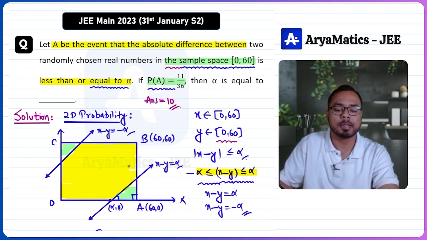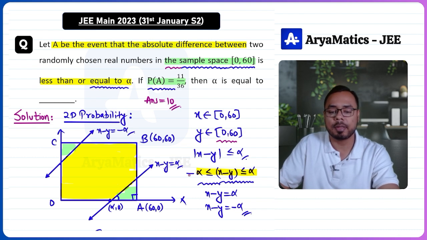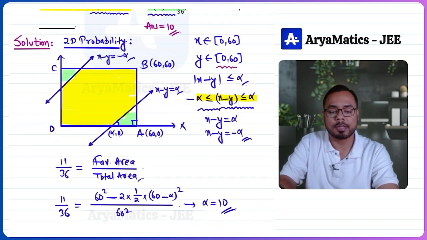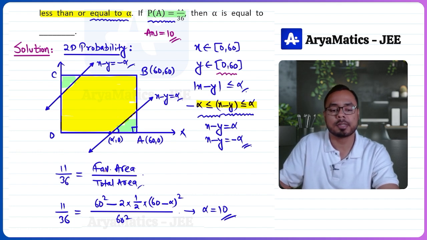And then the favorable case will be all those values of x and y satisfying this inequality, that x minus y is between minus alpha and plus alpha. So plot these two lines, and then that inequality is representing the area bounded between these two lines.